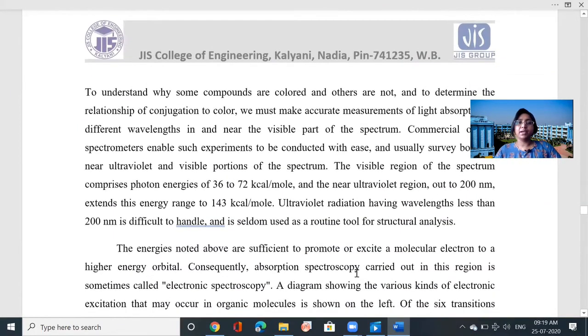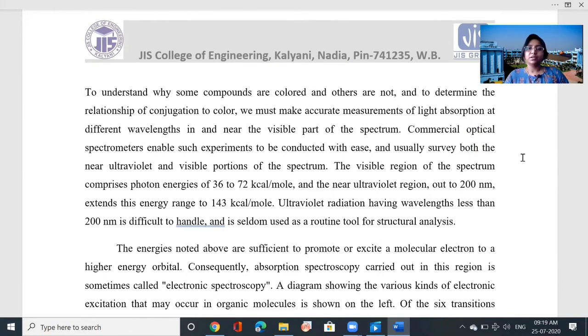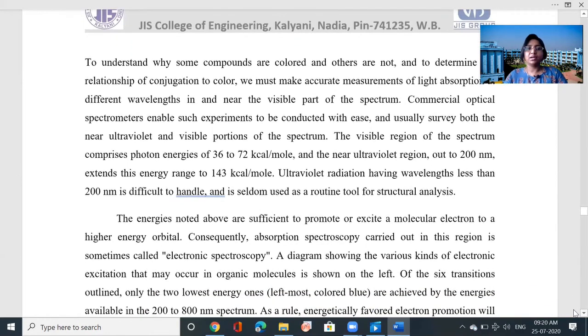To understand why compounds are colored and why others are not, to determine the relationship of conjugation to color, we must make accurate measurements of light absorption at different wavelengths in and near the visible part of the spectrum. The commercial optical spectrometer enables such experiments to be conducted with ease and usually surveys both the near ultraviolet and visible portions of the spectrum.